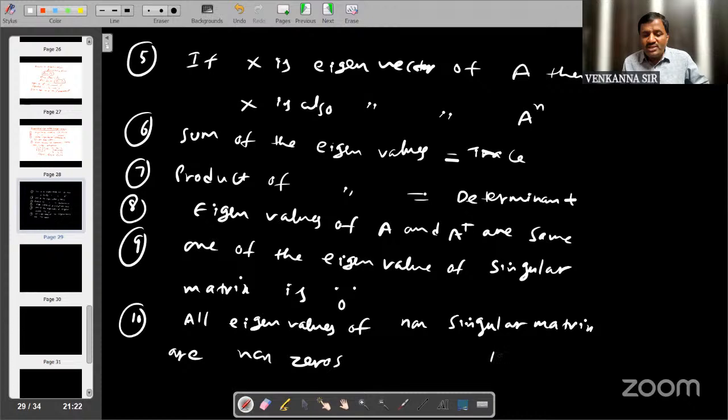Non-singular matrix means determinant not equal to 0. Singular matrix means determinant is 0. So when the determinant is not equal to 0, all eigenvalues are non-zeros. If any eigenvalue is 0, the determinant is going to become 0, using the property that the product of the eigenvalues is the determinant. So that is the 10th property.